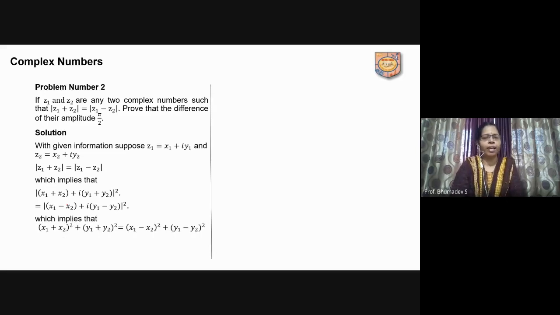In that way, x1 plus x2 the whole square plus y1 plus y2 the whole square should be equal to x1 minus x2 the whole square plus y1 minus y2 the whole square, if you simplify the previous step. Expand according to the formula a plus b the whole square, otherwise a minus b the whole square.